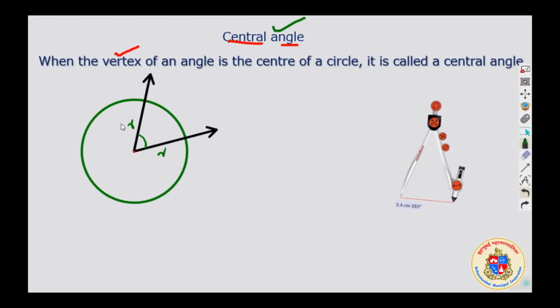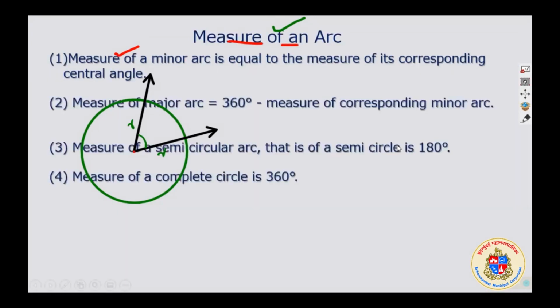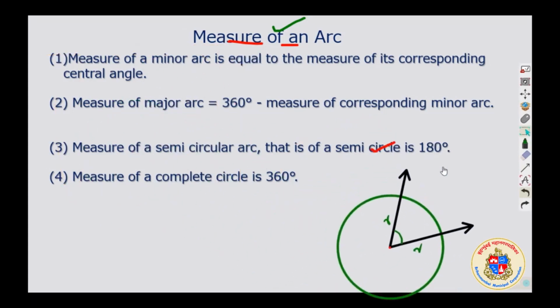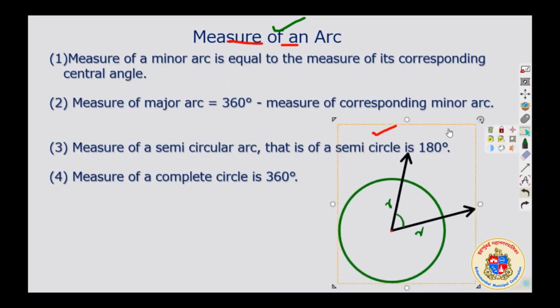So center angle drawing is done in order to make you understand what is the concept of measure of an arc. Measure of a minor arc is equal to the measure of its corresponding central angle.